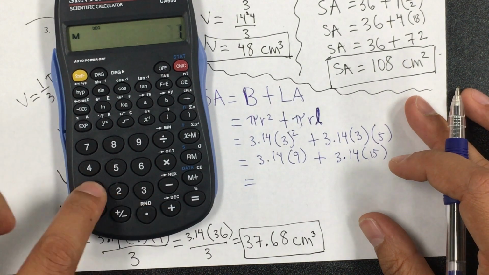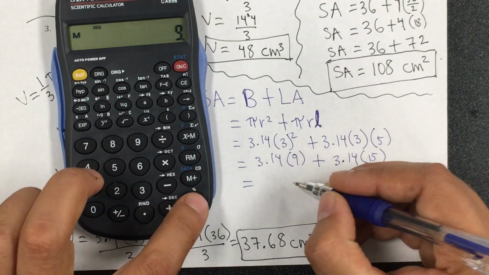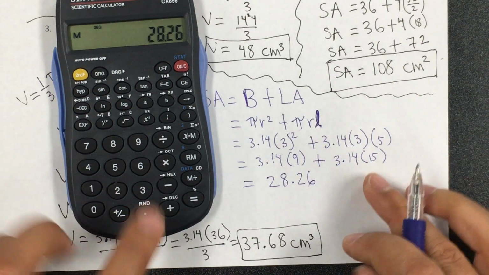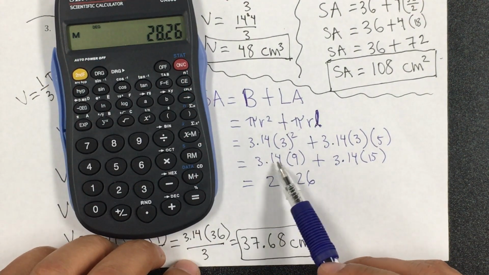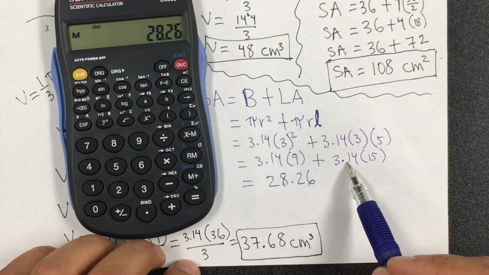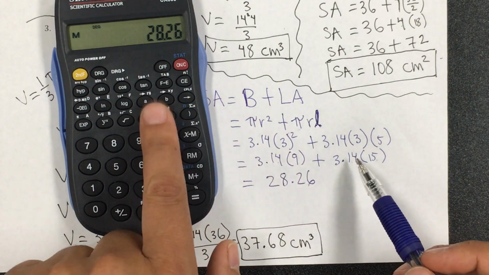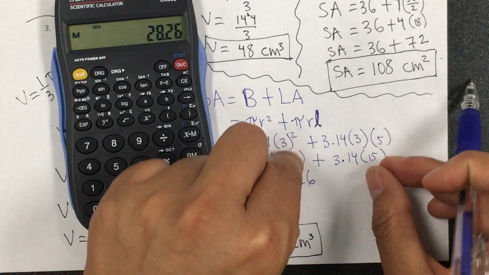So 3.14 times 9 is equal to 28.26. And since we're using a scientific calculator, you can actually put 3.14 times 9 plus 3.14 times 15, and the calculator will multiply first and then add.